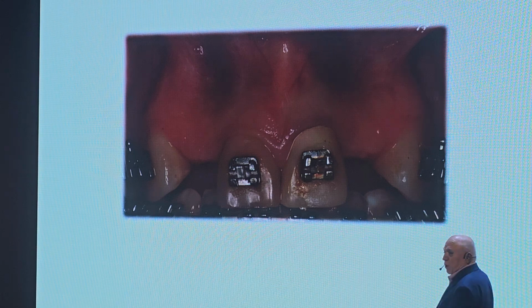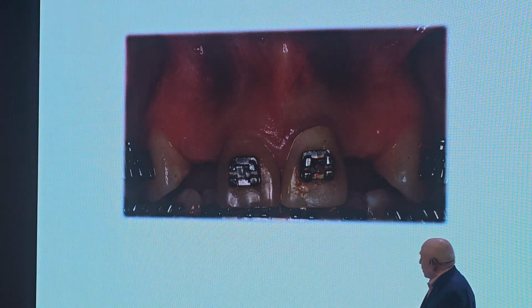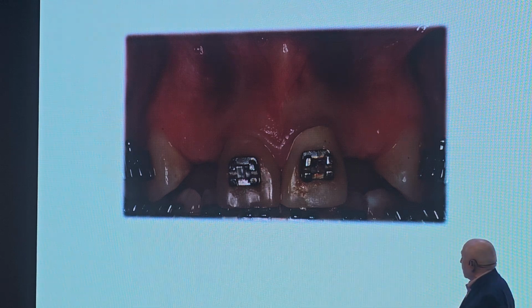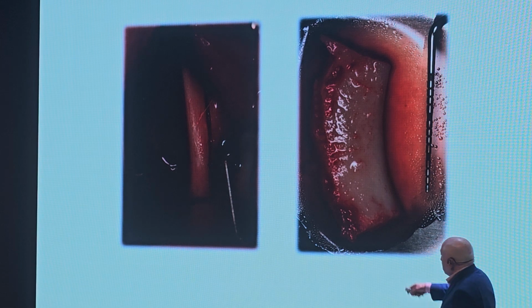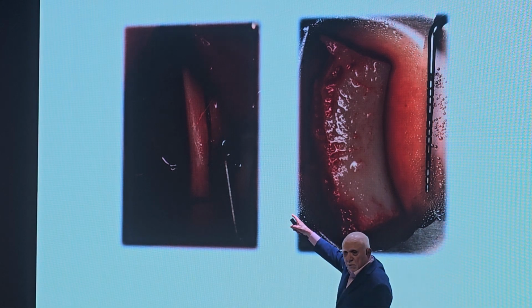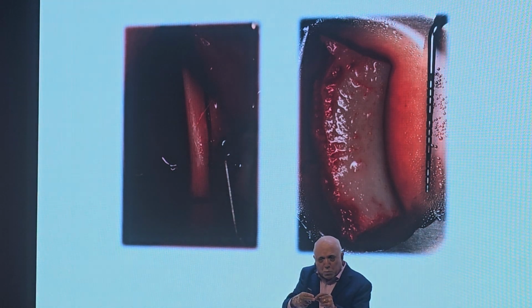So now we talk with our oral surgeon. We have already discussed the treatment plan with him, that this patient is ready for our treatment. So what do we do? We go to the anterior border of the ramus and we take a piece of bone, and we cut this piece of bone in 2 parts.